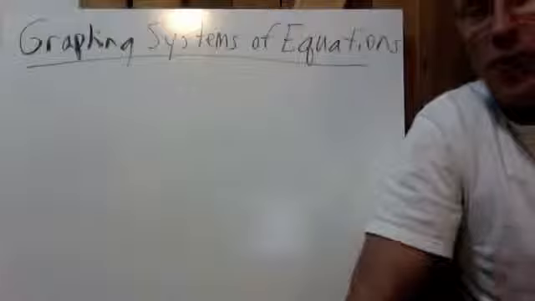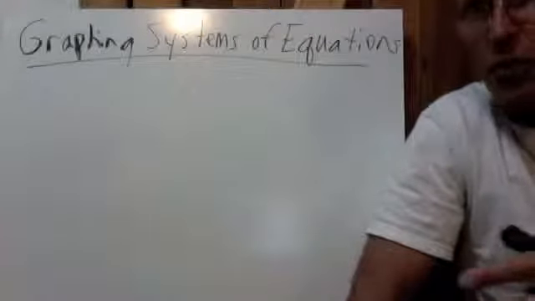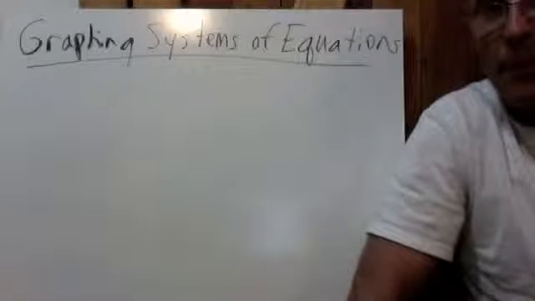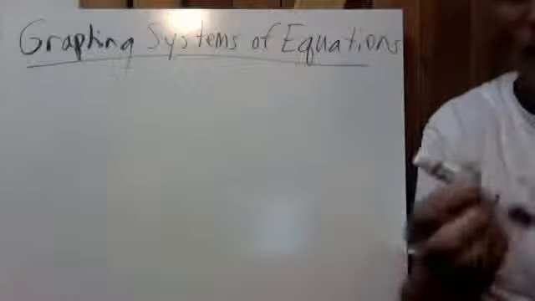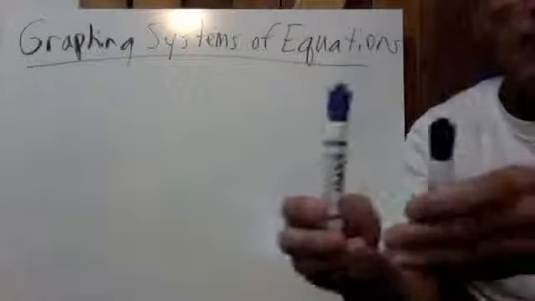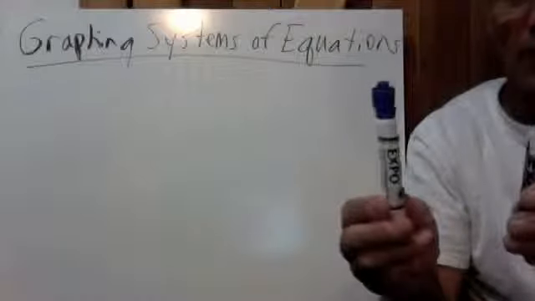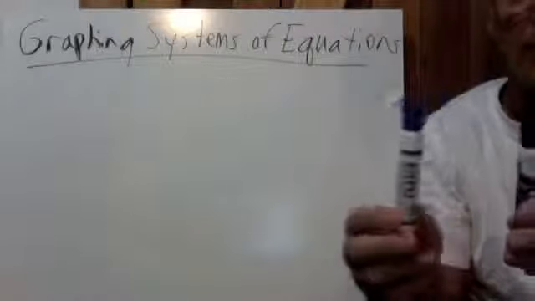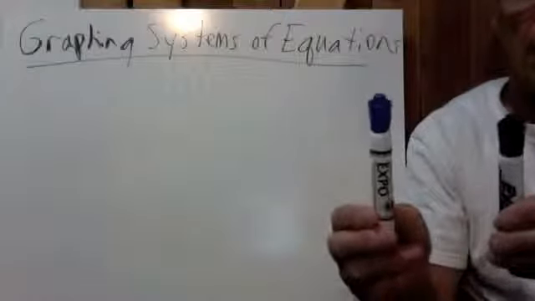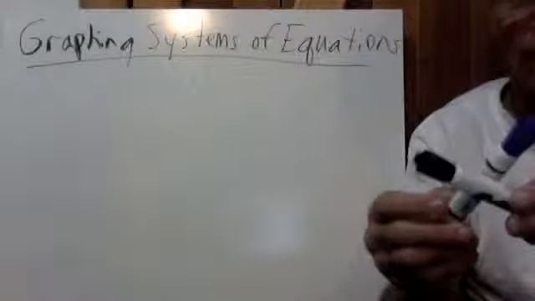All right. So first of all, graphing systems of equations just means basically that there's going to be two equations that you graph. And think about it. I'll just use these two pens as an example. In space, if you have two straight lines, there's basically three things that can happen. One is they could cross.